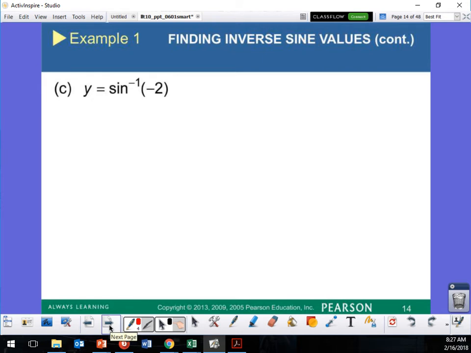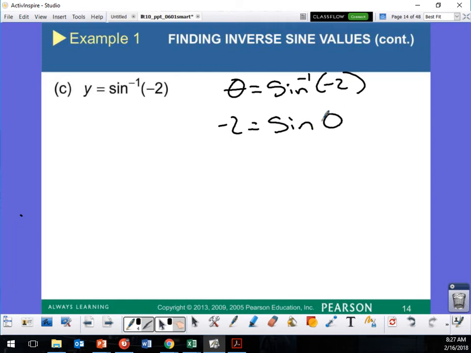Alright, so this one right here. Is there any place on my unit circle where it's equal to negative 2? So negative 2 equals sine theta.